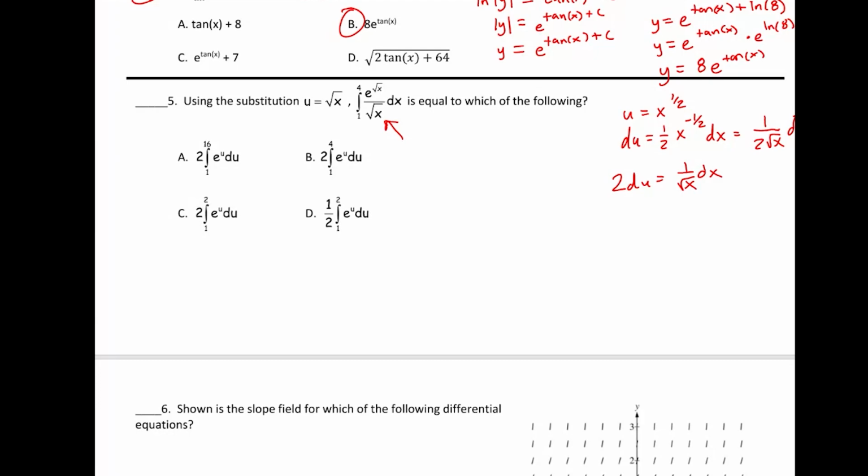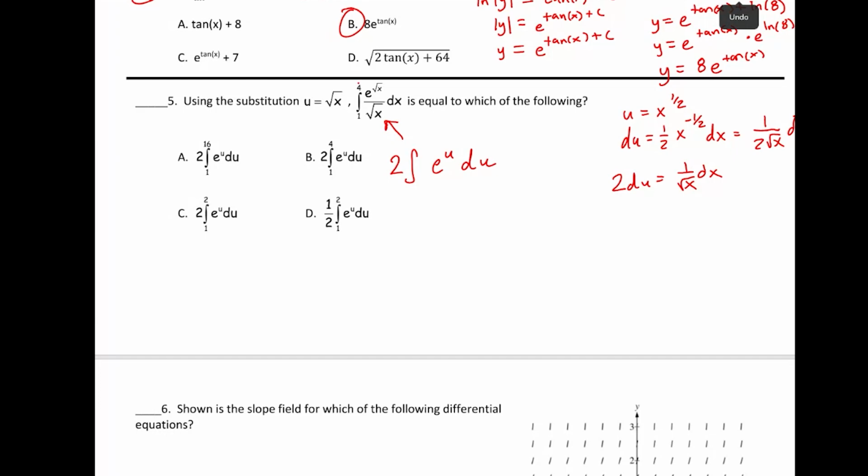So now we can rewrite this. I'm going to hold off on the bounds here because we do need to change the bounds. But we have the integral of e to the u. That's that numerator here, right? Times 1 over root x dx, and that is our 2 du. So times 2 du. Now, this is a multiple choice, and our multiple choices are all in terms of u. So we don't have to go back and resubstitute the x's, but what we do need to do is change the bounds.